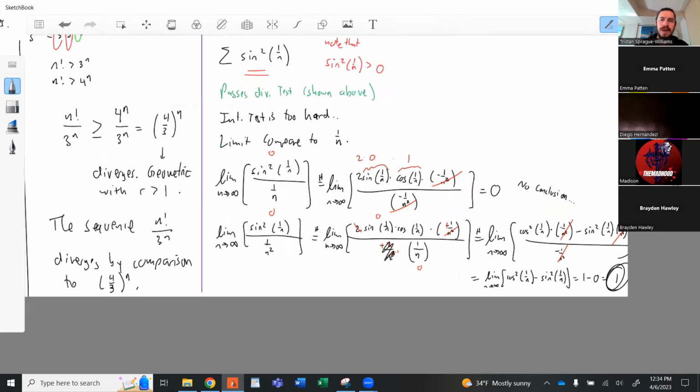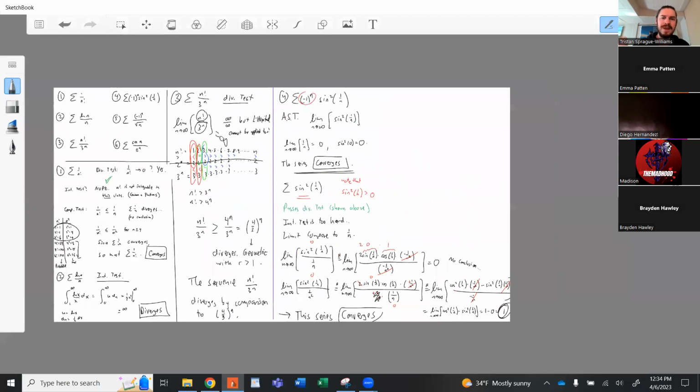That worked. Do you remember what the conclusion is when you do the limit of the ratio and you get something like 1, which is not 0 and not infinity? Yep, Isha's got it in the chat there. It's either they both converge or they both diverge. It's kind of like the integral test where they have the same result. They have the same convergence property. So since we were comparing to 1 over n squared, and that series converges, we can say that this series converges as well.